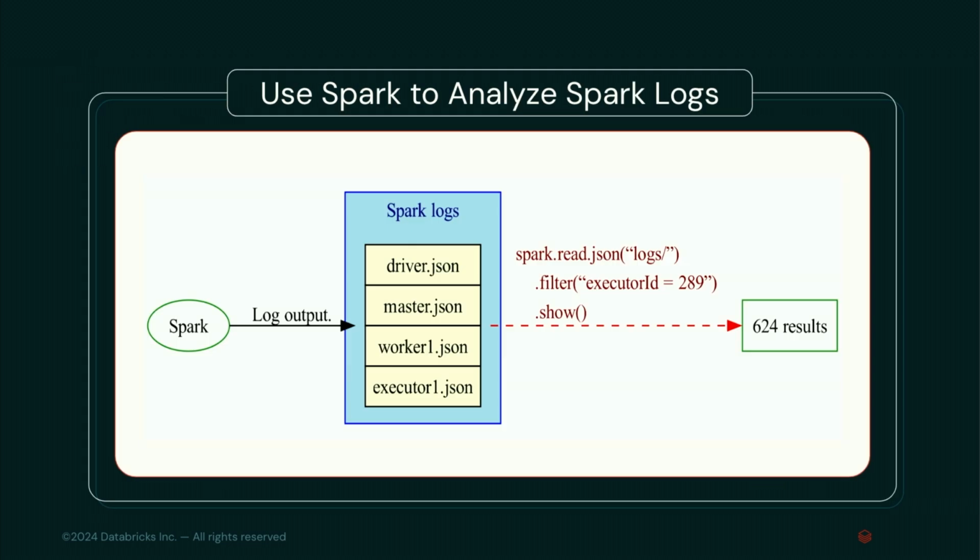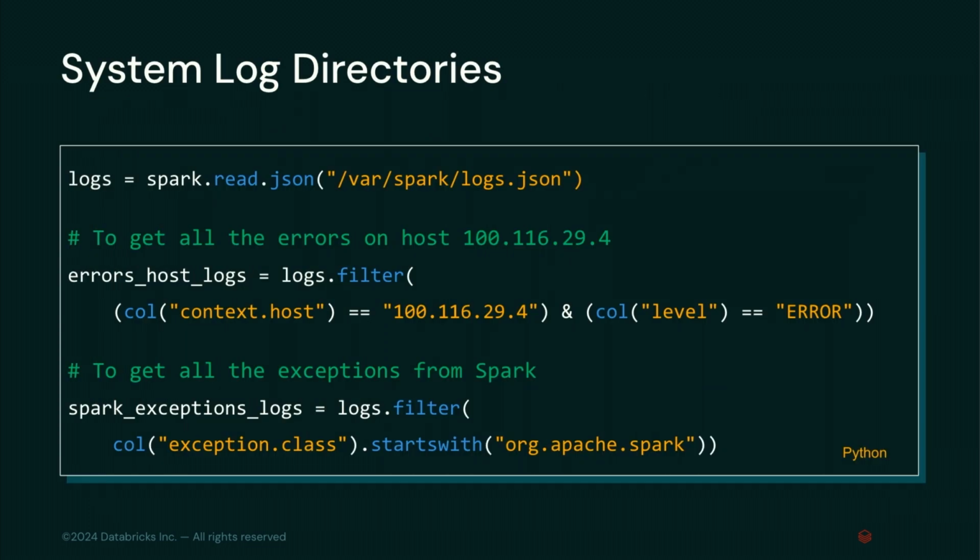I can show you some examples of how to use these structured logs. With structured logs, you can use Spark itself to analyze the log data efficiently. Here you can query logs directly within Spark to get insights immediately. This is just an example.